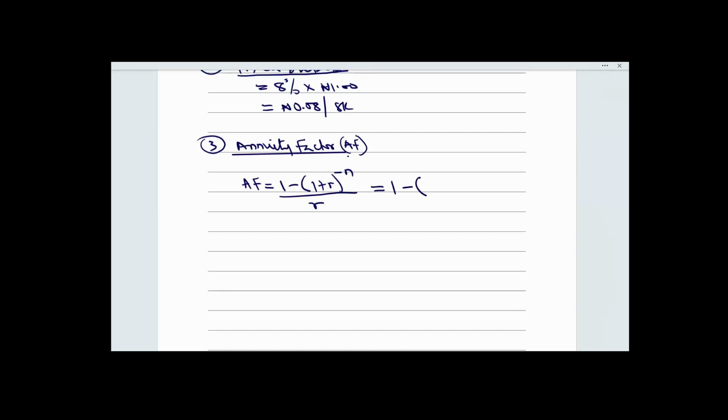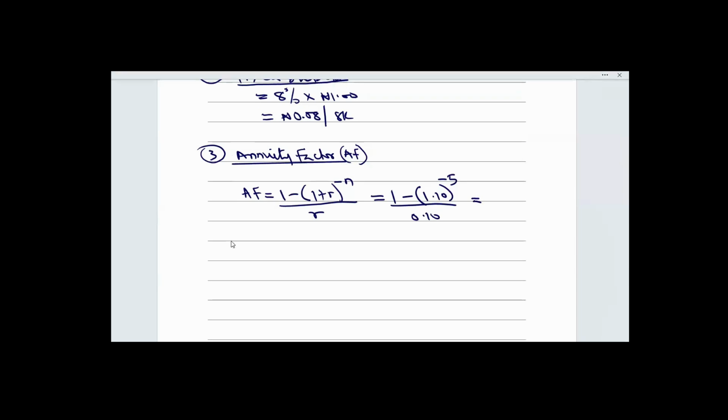R is the discount rate that we assume. N is the useful life, maturity date, which is 5 years. So here will be 1.10, because we assume 10%, raised to power minus 5. 5 is the maturity date, then divided by 0.10. Final answer. What do we have here?